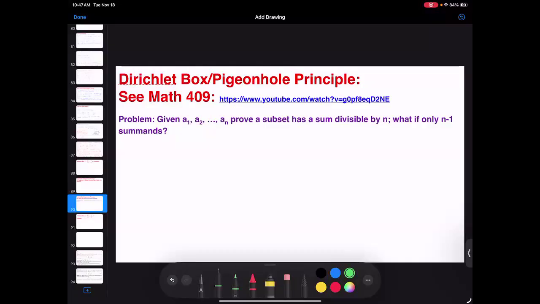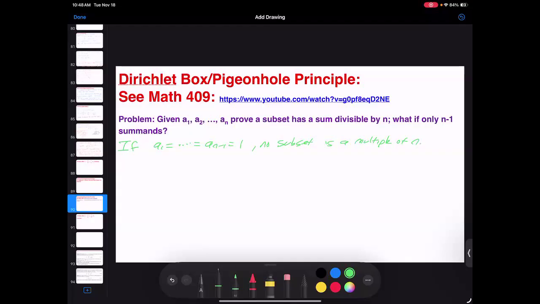So if a1 equals ... equals an minus 1 equals 1, no subset is a multiple of n. So if I only have n minus 1 numbers, it is possible that no subset is going to have a sum that's a multiple of n.